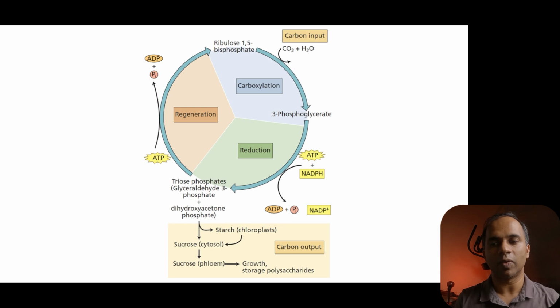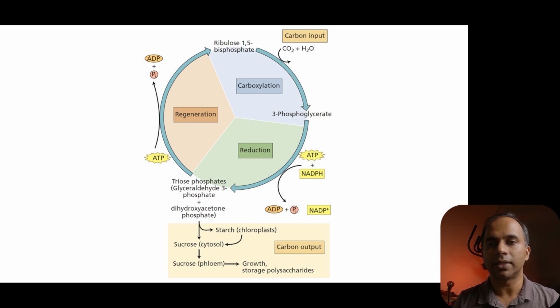Some of the outputs of this reaction will go into our carbon output, and the rest will be used to produce ribulose 1,5-bisphosphate again, and it is an energy consuming reaction. So this is what we call the Calvin, Benson and Bassham cycle, and what is happening inside. We will have a quick look at the individual processes, carboxylation, reduction and regeneration, in the next slides.